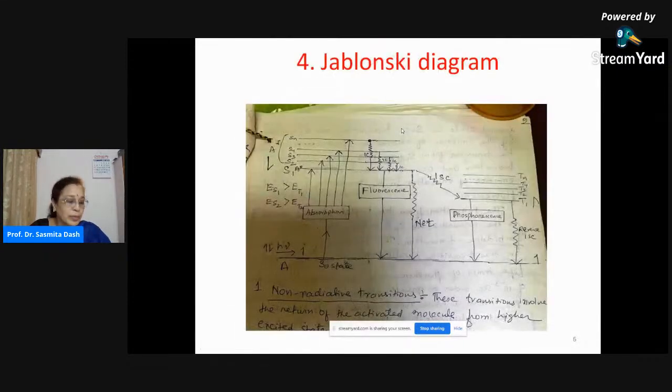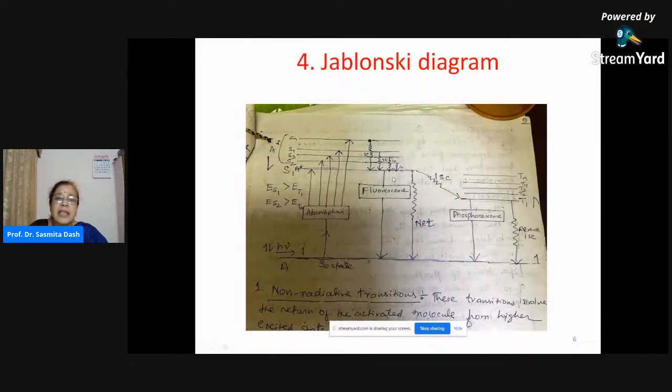Next we come to another type. When the molecule is present in S1, it may also lose energy by another process called intersystem crossing, or ISC. By intersystem crossing, it travels from S1 to T1.